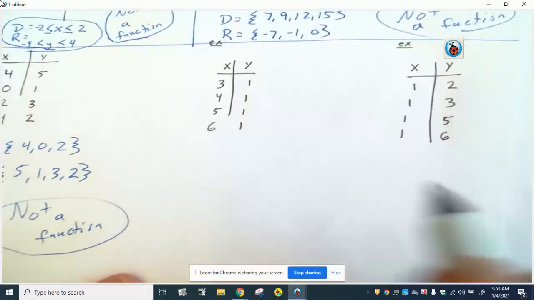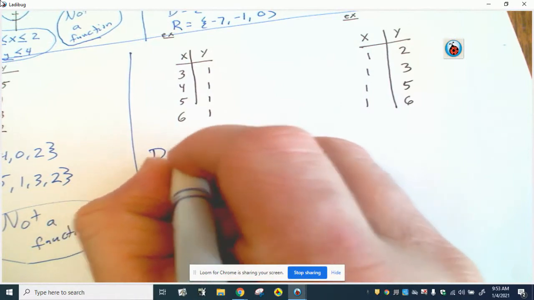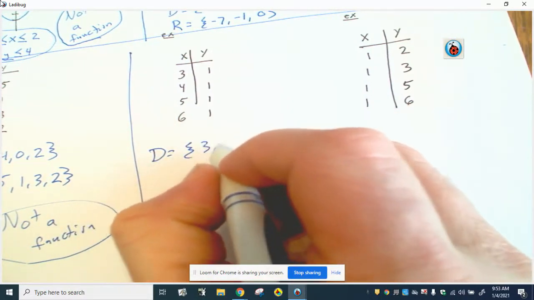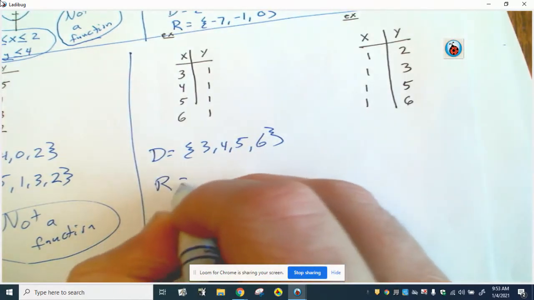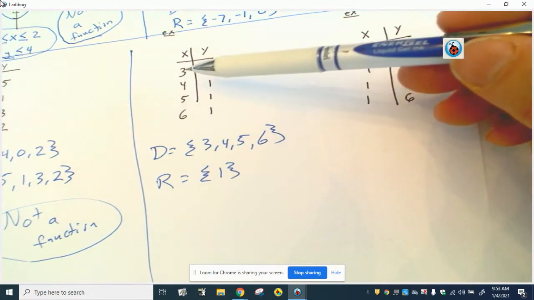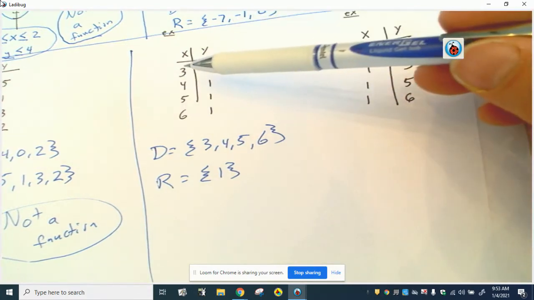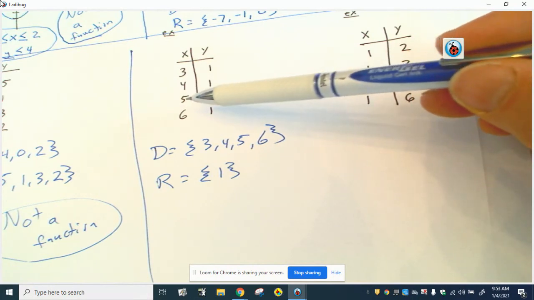How about this one over here? This one, my domain is 3, 4, 5, and 6. My range is just 1. Now, think of the pop machine. I press the third button, I got a Coke. I press the fourth button, I got a Coke. I press the fifth button, I got a Coke.